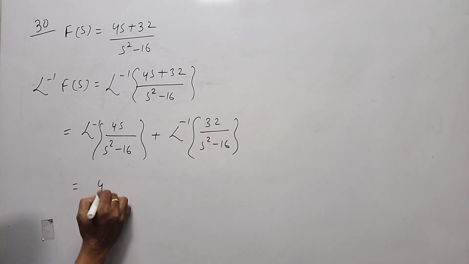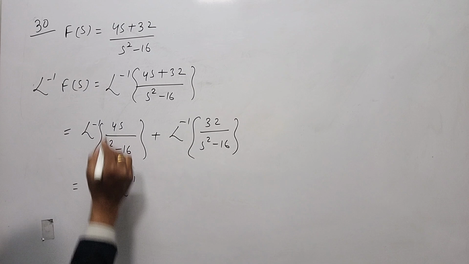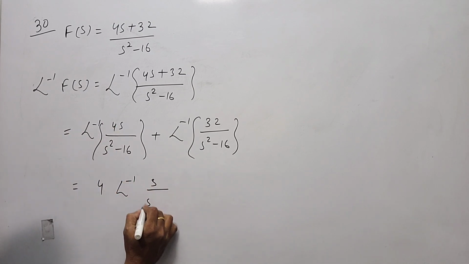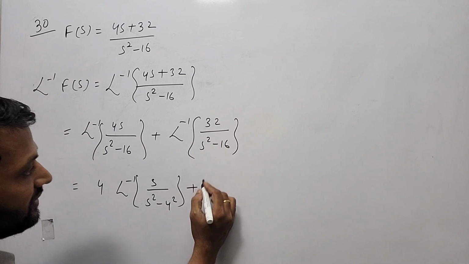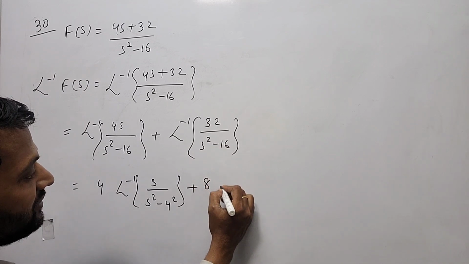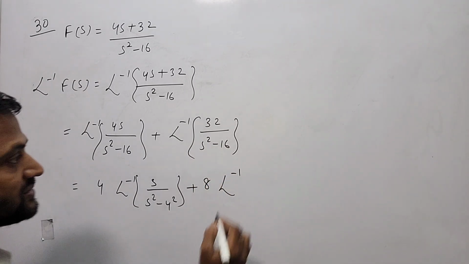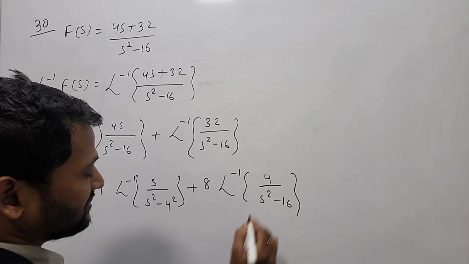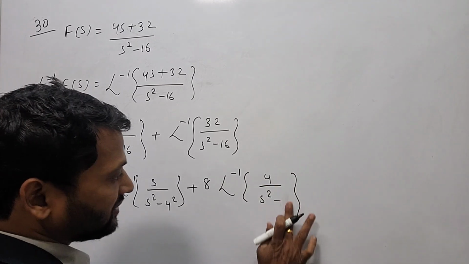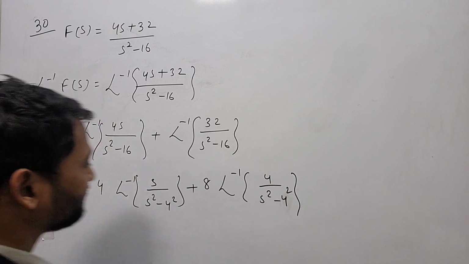So I can write here, taking 4 as common, 4 Laplace inverse of s by s square minus 4 square, plus I can take 8 as common, then Laplace inverse of 4 by s square minus 16. Okay, in 16 I can write 4 square.